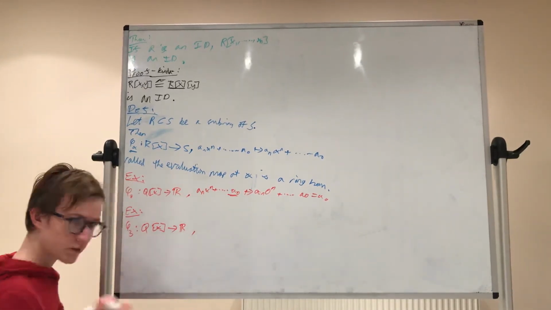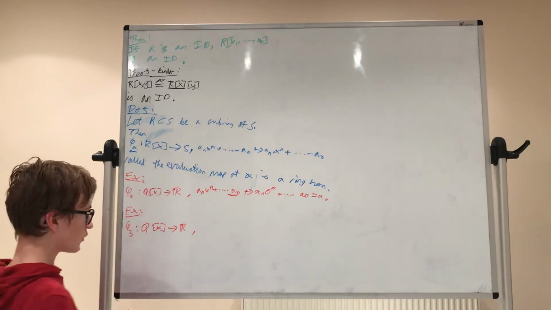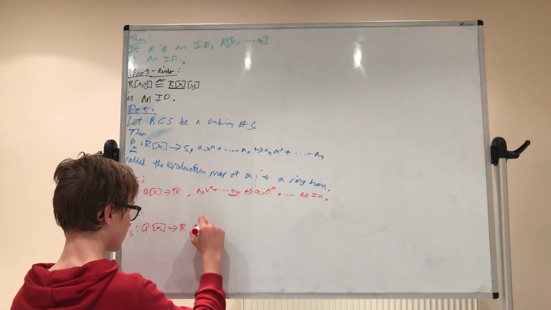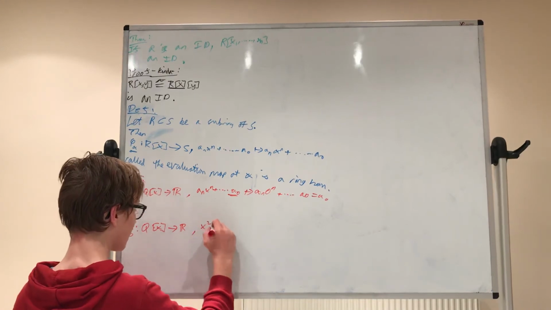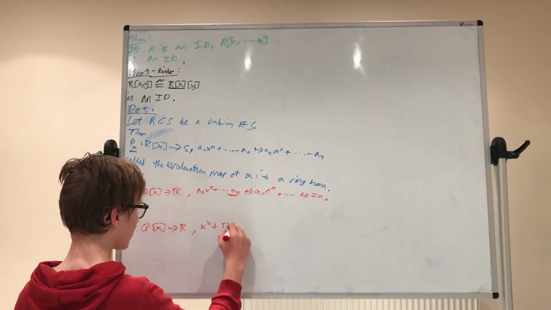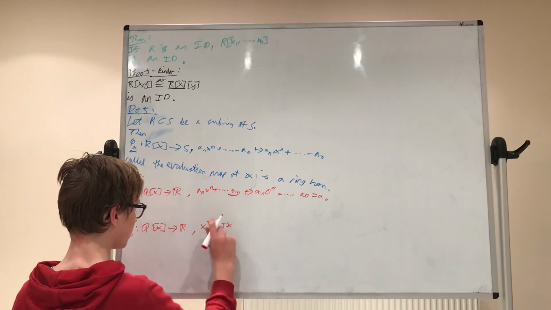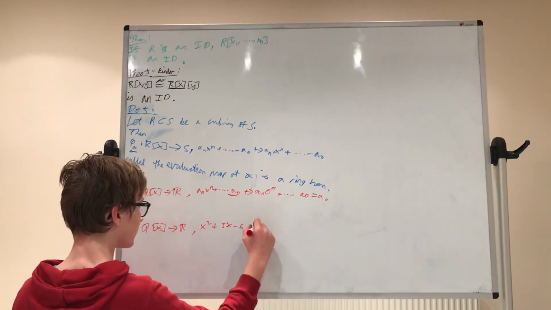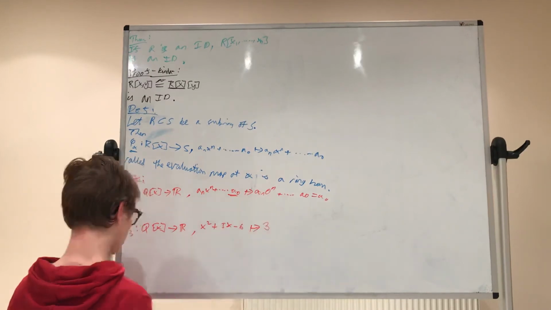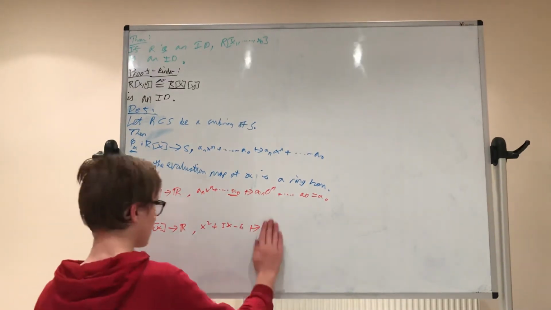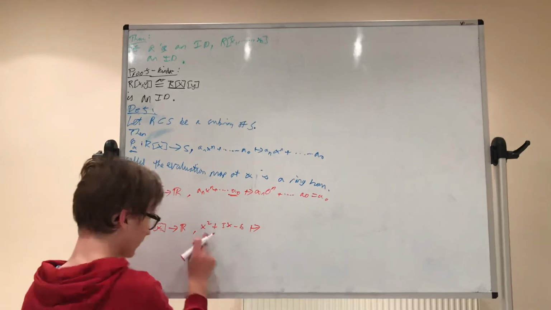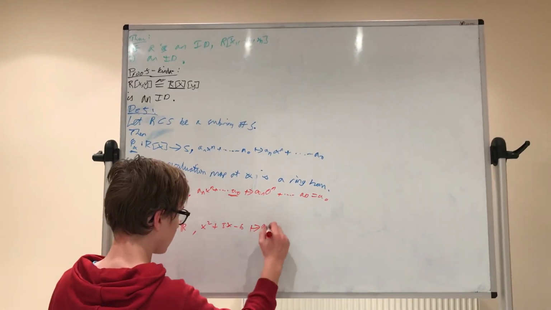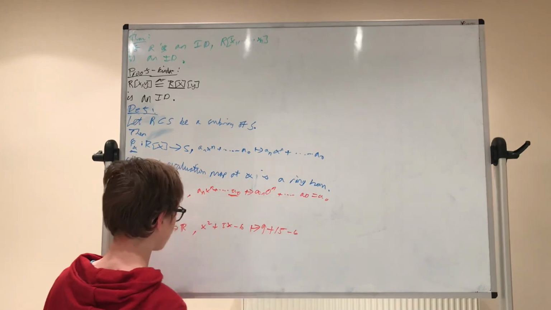We're going to look at a specific example, which is sending x squared plus 5x minus 6 to, at 3, 3 squared plus 15 minus 6.